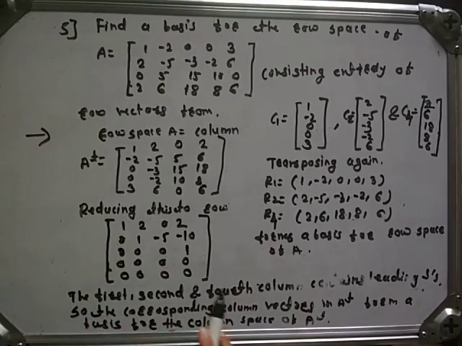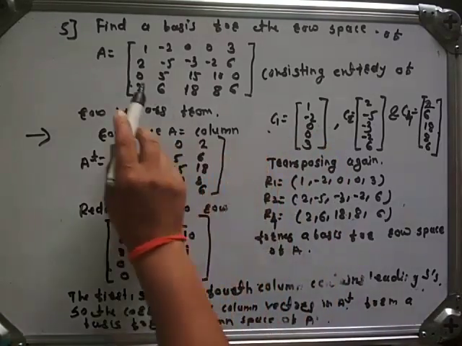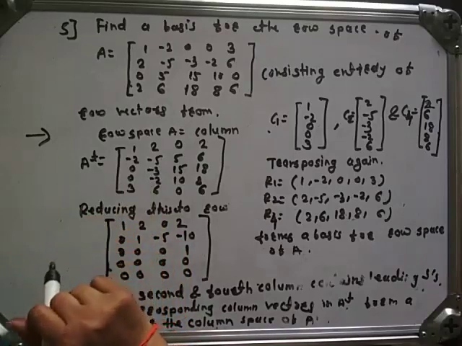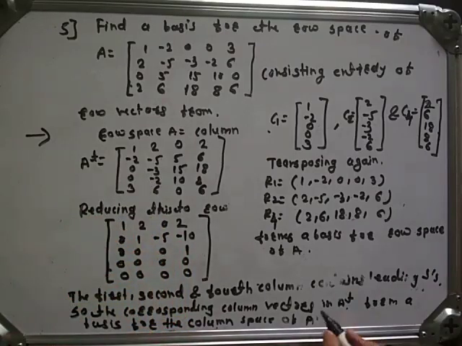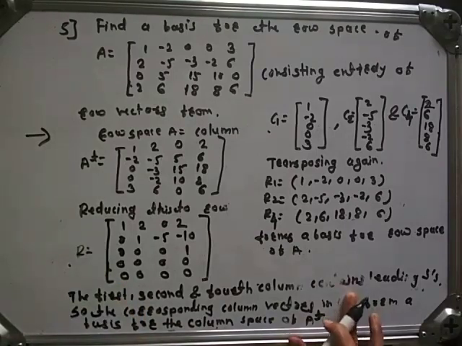Here the first, second, and fourth columns contain leading ones, so the corresponding column vectors in R form a basis for the column space of A transpose.